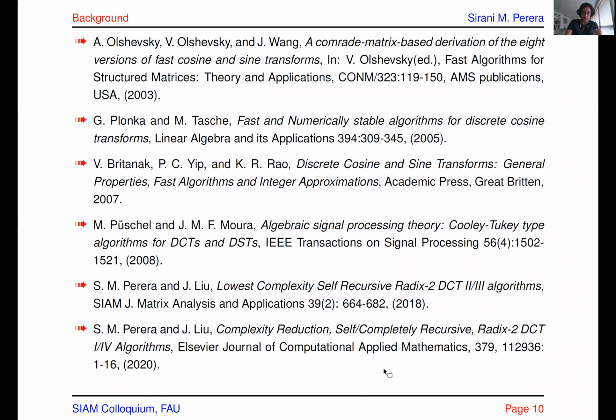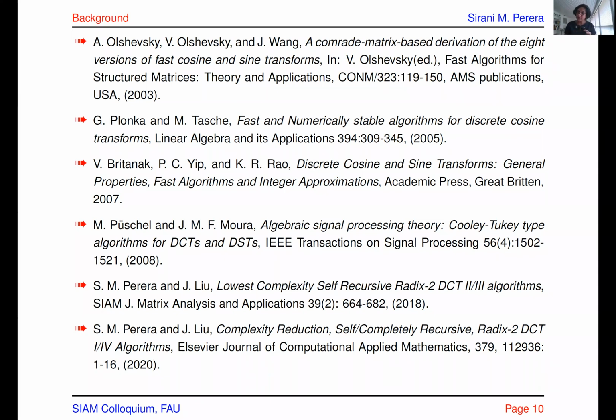The discrete cosine transform and discrete sine transform are the real variants of the discrete Fourier transform. Once you identify these real variants, if you want to derive a fast algorithm, there are two main techniques that we could use: the polynomial arithmetic technique or the matrix factorization technique.